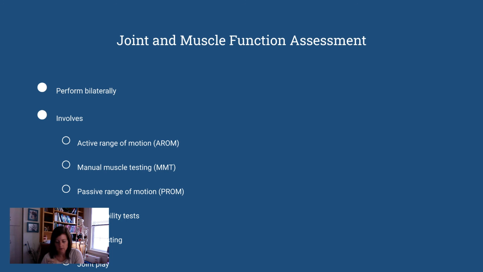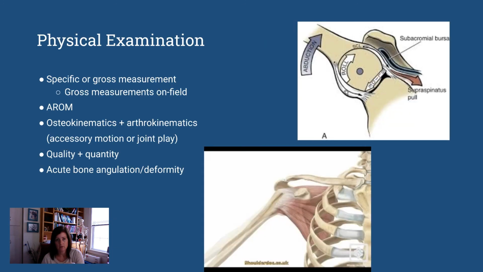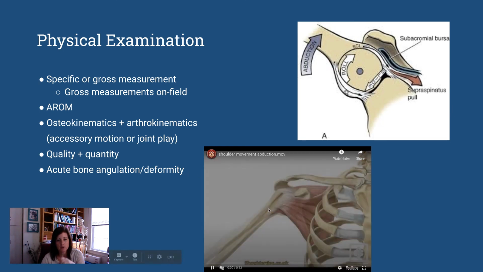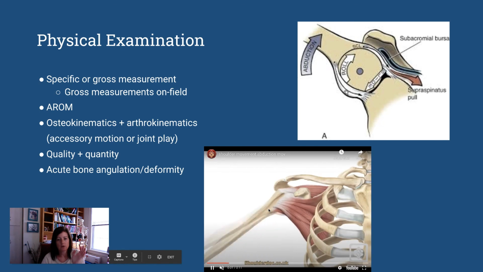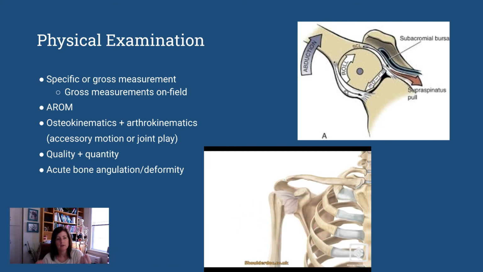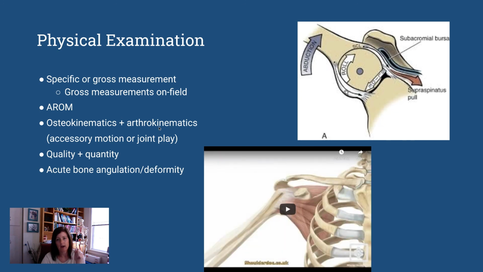So we're going to want to look at a lot of different aspects of joint and muscle. When we look at active range of motion, we're going to want to keep in mind osteokinematics, or the movement of that bone, and the arthrokinematics, or exactly what's happening at the joint itself.